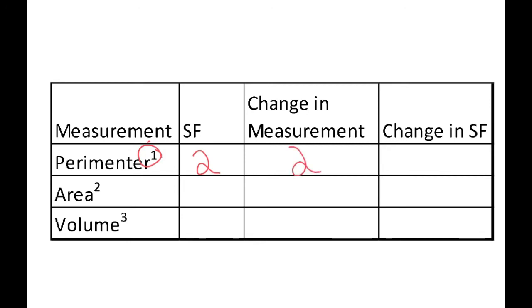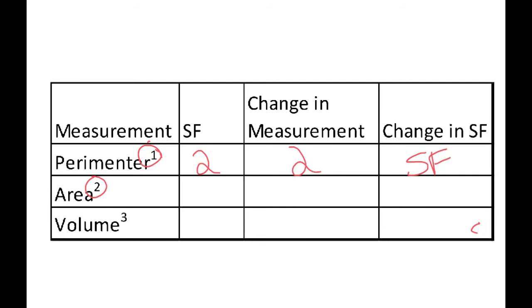So whenever you are applying a scale factor to the side lengths that are affecting circumference or perimeter, you can find the new circumference or perimeter by multiplying the original perimeter by the scale factor, and it will give you the new perimeter. Whenever I'm finding the area of a figure, I am multiplying two dimensions together to figure out how much space that figure covers. That is why my units of measure for area are always squared, and that is why the little 2 is here with the area.